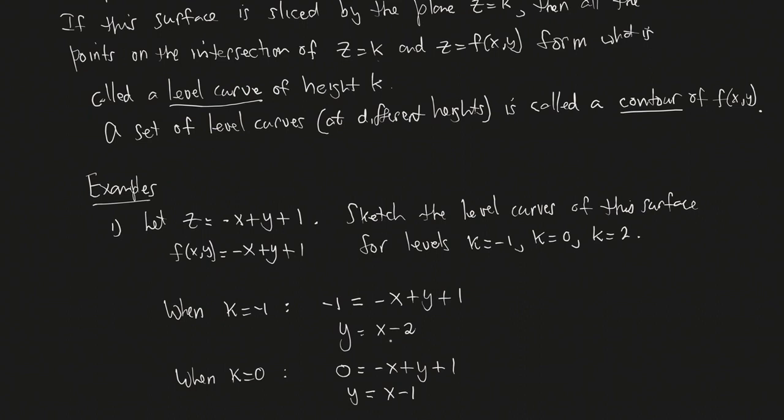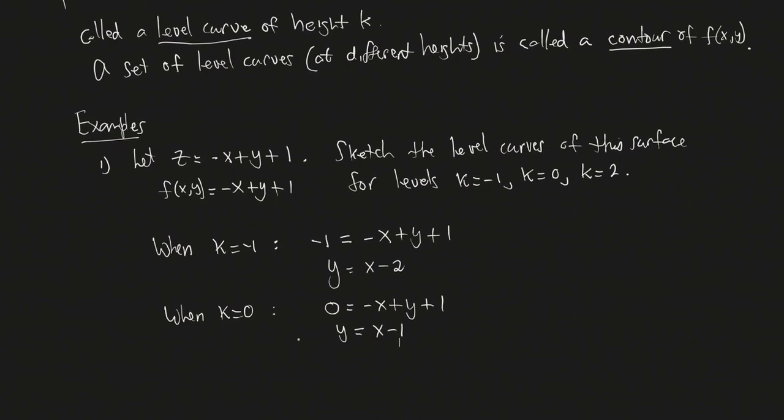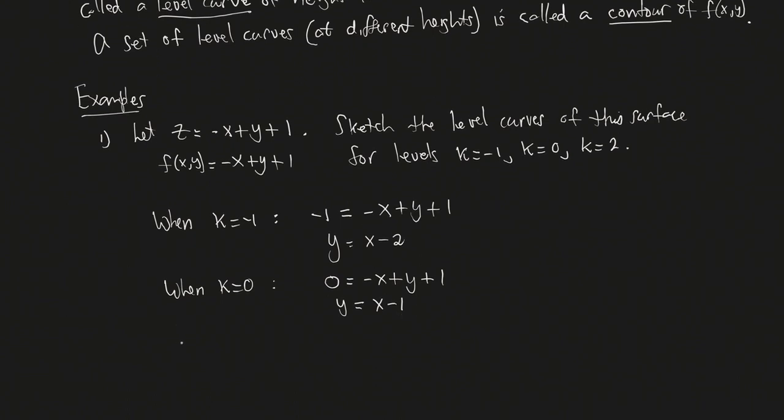And if you notice, my elevation, if you will, went up by 1 unit, and look, this constant here went up by 1 unit. That's because this equation is pretty simple. We're working with something relatively simple, so it'll be easy to sketch these curves once we have them all.